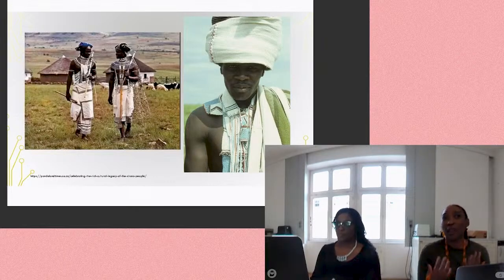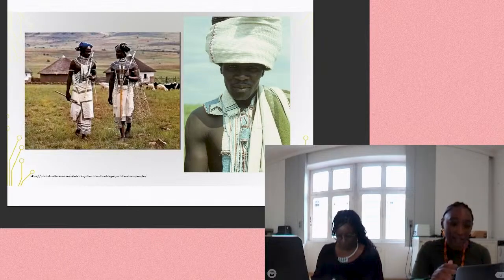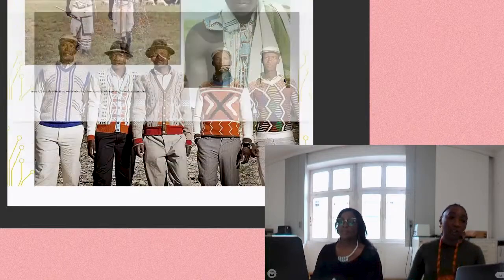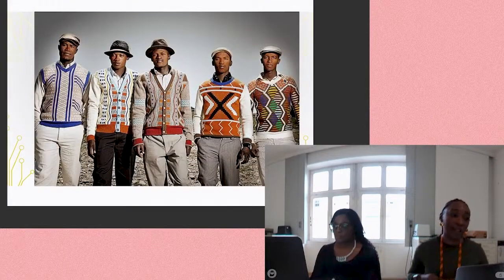So they have to wear something that makes them look different. So this is just an image to show you how Xhosa men would be actually decorated in beading. So Xhosa is one of the fashion brands that actually took that story and that heritage and translated it into fashion.